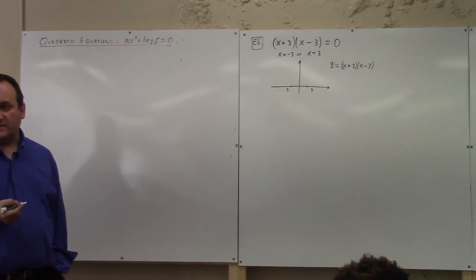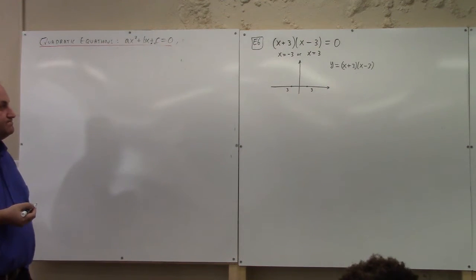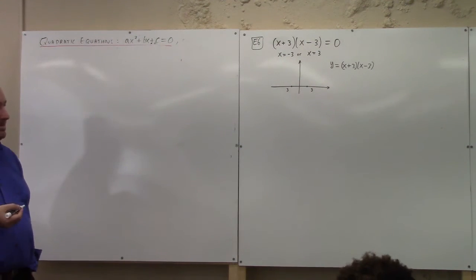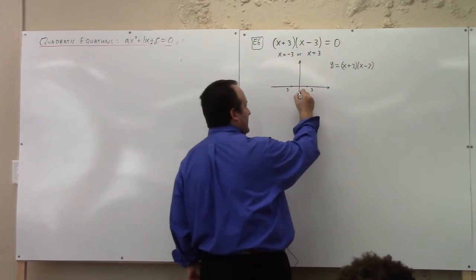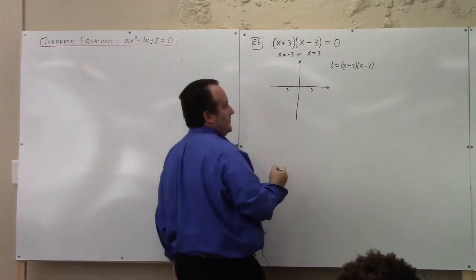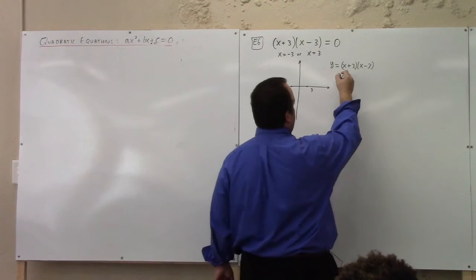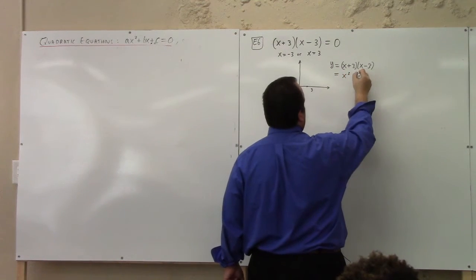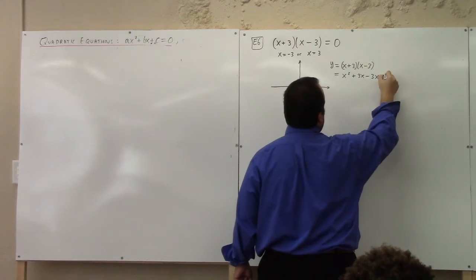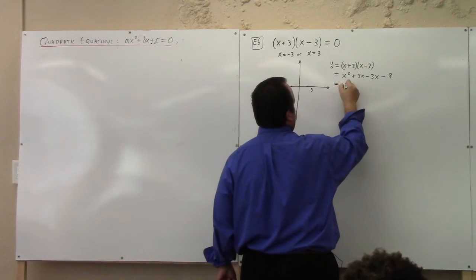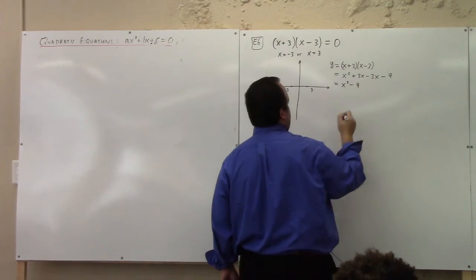What's the y-intercept in this case? What did you say? You said what, minus 9? Right? So we could say this is x squared plus 3x minus 3x minus 9, right? So really, this is x squared minus 9 if we want to go back to standard form.